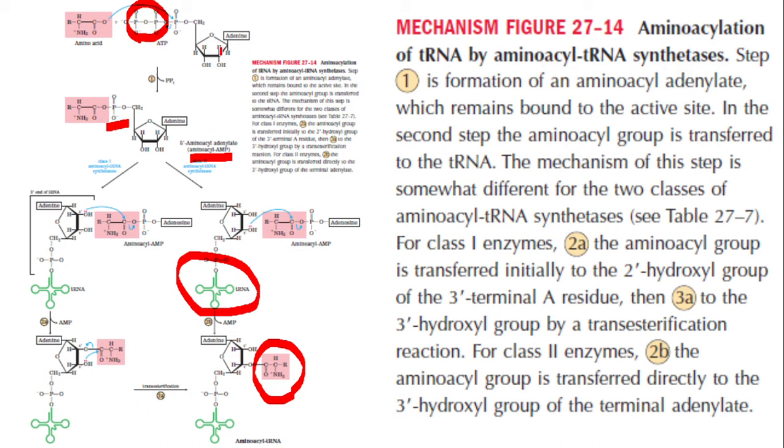This is the sugar. On that carbon number 3 is finally the amino acid present. Initially the amino acid was on carbon number 5. Then it is transferred from carbon number 5 to carbon number 3.